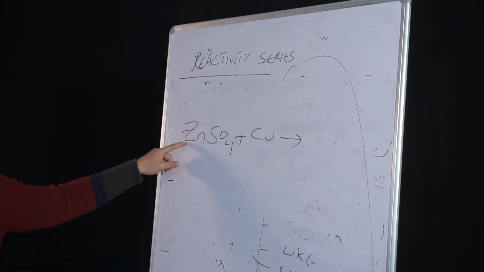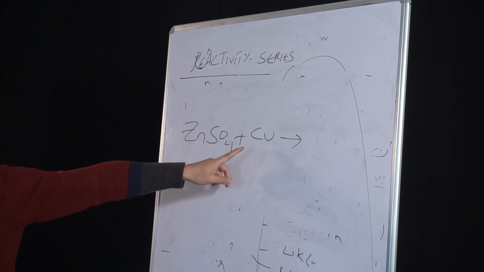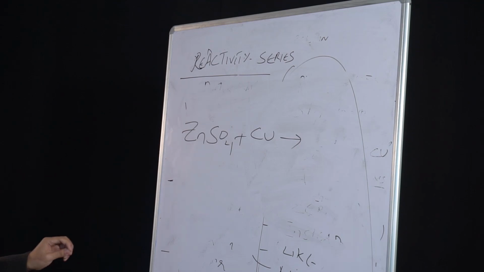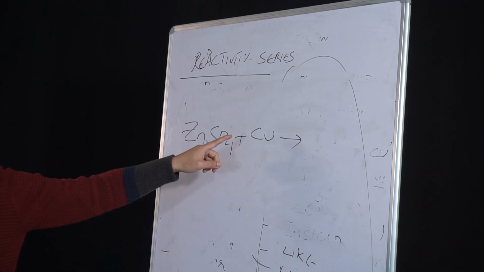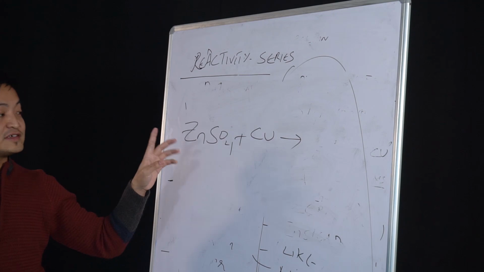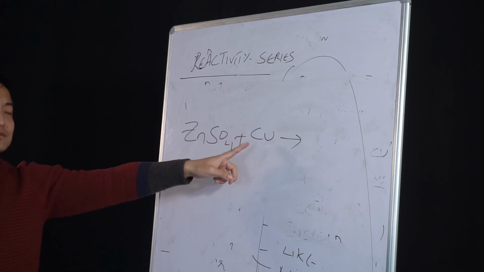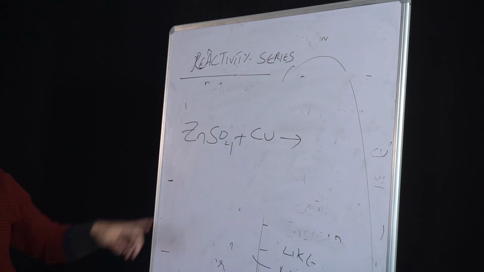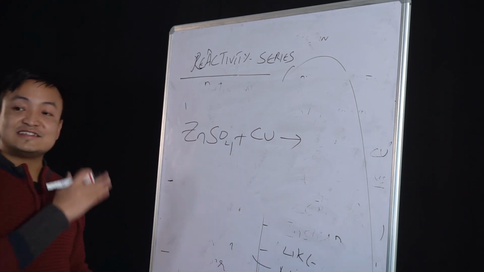Now, zinc and the opponent is copper. So who is the stronger one? Just now we have learned that zinc is stronger than copper. So in this case, will copper be able to displace zinc? No, since copper is less reactive than zinc.